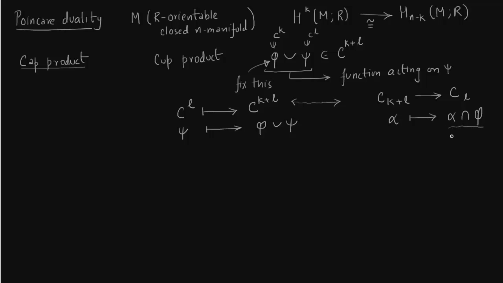Notice that the second element here is fixed. So we have to define this cap product. First notice the kind of duality: in both the cases, this first element phi is fixed, and that we have to keep in mind. So let us now start with defining the cap product.